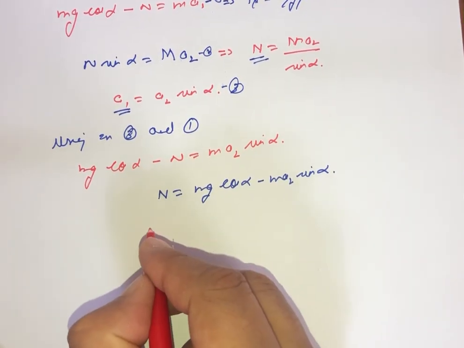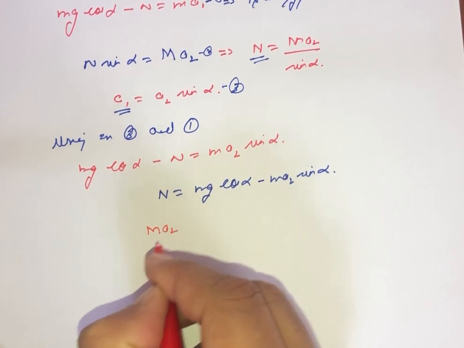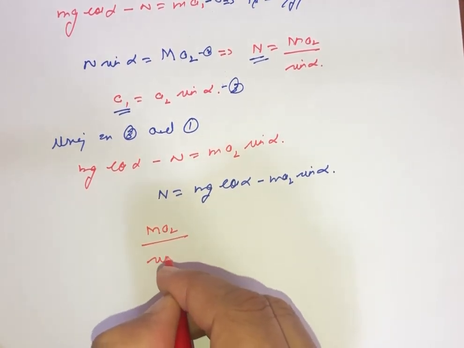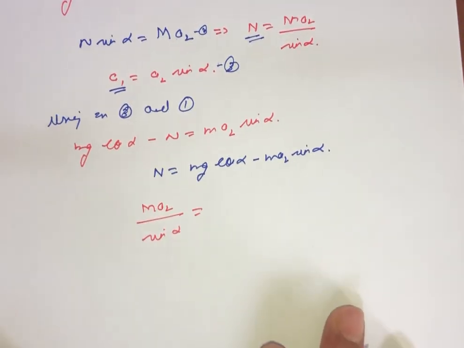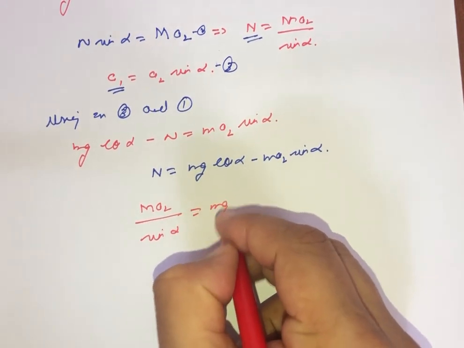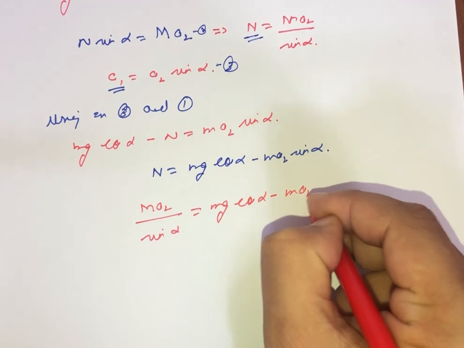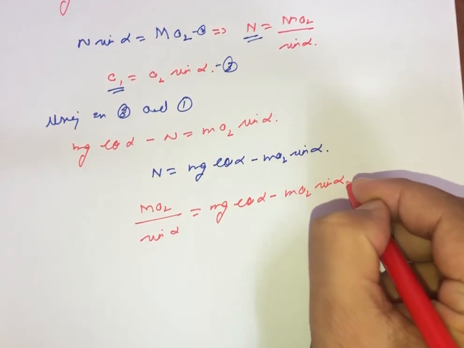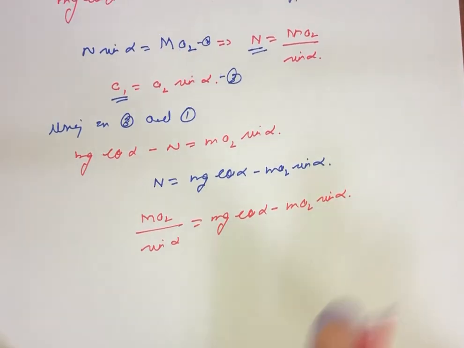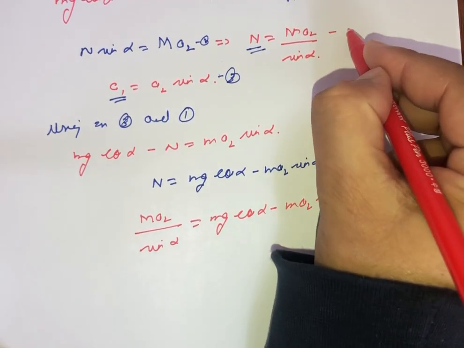Okay, so we can write M A2 divided by sin alpha is equal to mg cos alpha minus m A2 sin alpha. Let this be equation number 4.